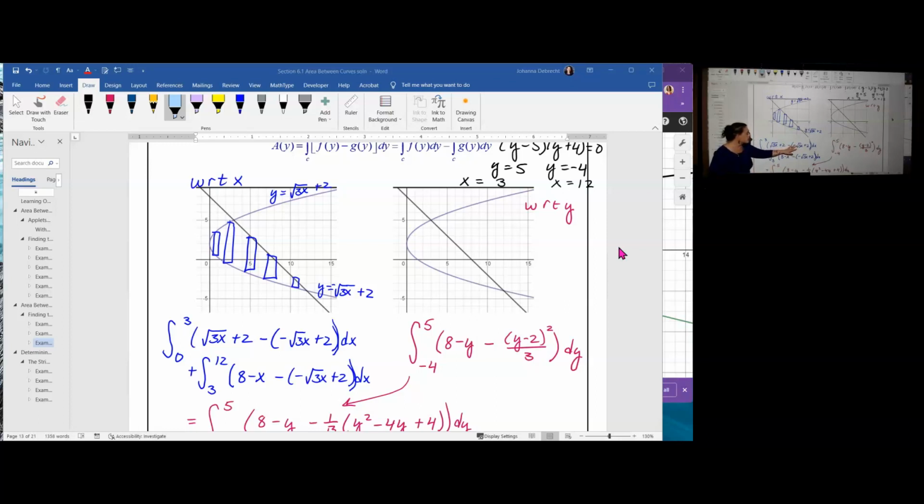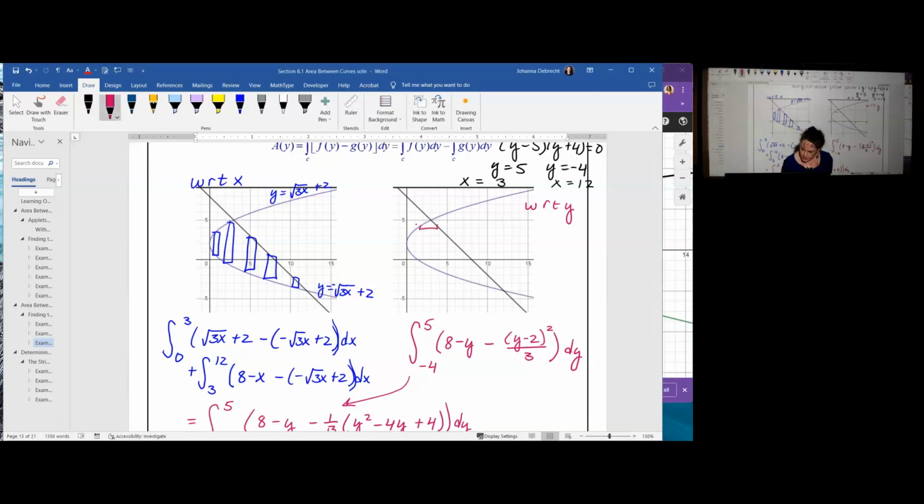Then I would have to integrate with the upper arm minus the lower arm from 0 to 3, and then integrate with the line minus the lower arm from 3 to 12, the x coordinates of where it intersects. I know I'd have to use chain rule on the square root, and I know it probably wouldn't be very pleasant.